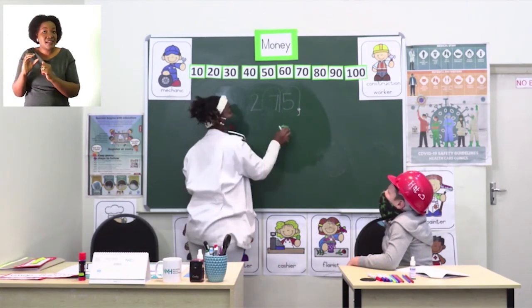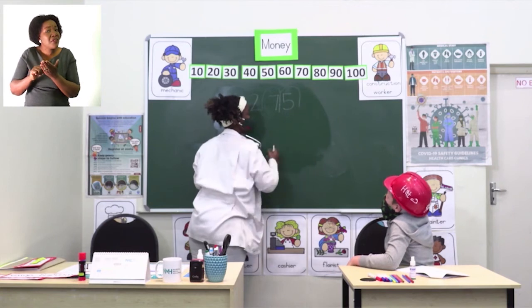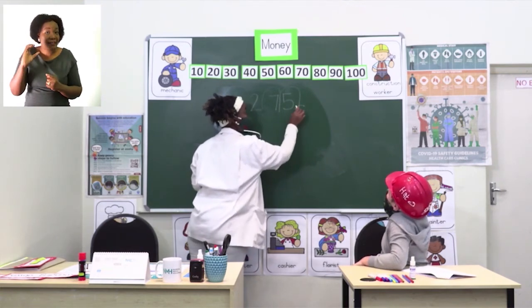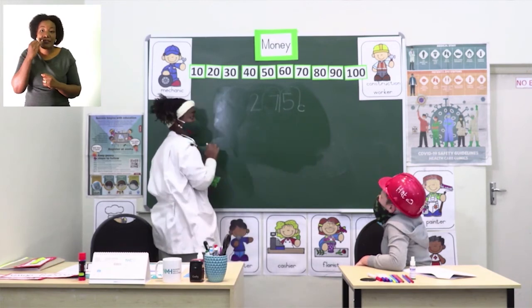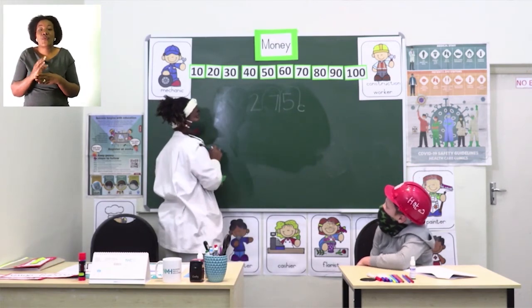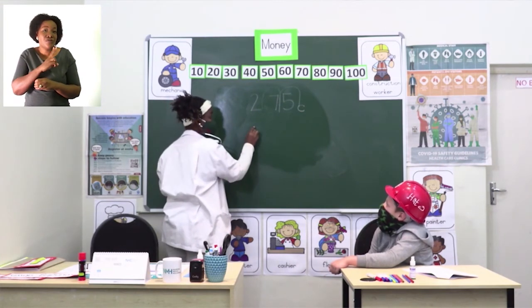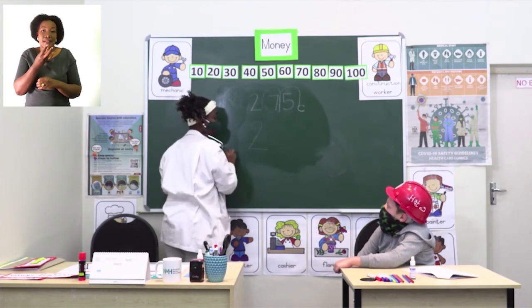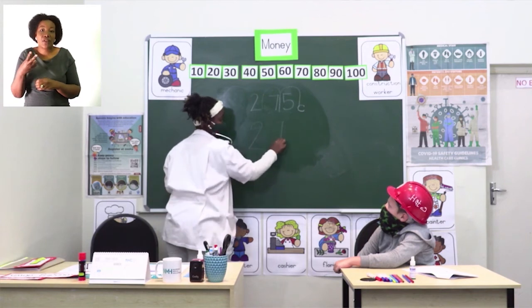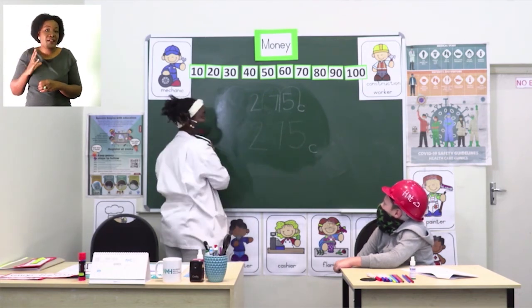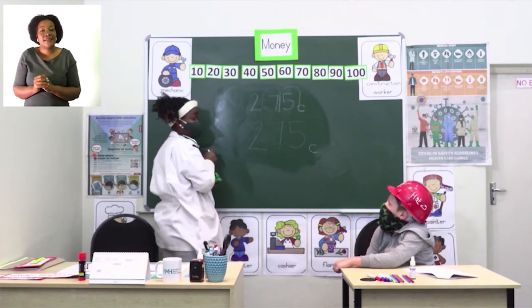After we do that, we just erase the comma here because we have to put the cents sign to tell us that we are busy with the cents. So it means $2.75 will give us how many cents? It will give us 275 cents.